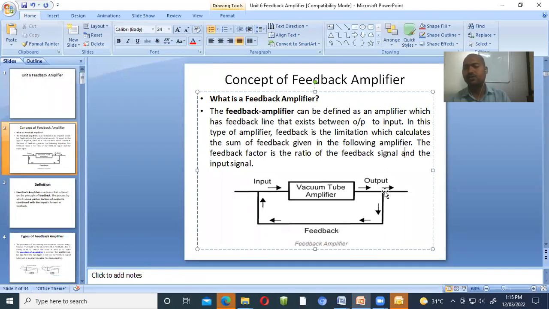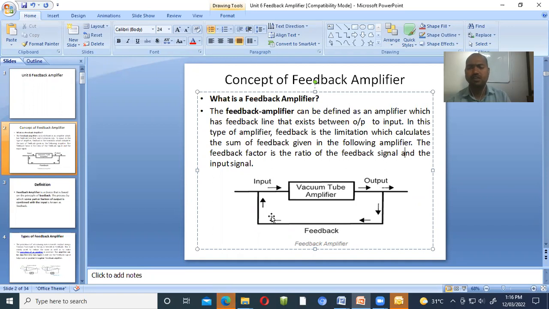So whatever signal is across your input and your output, there is no sign change. Why is it not changed? Because the input has a sine wave and the output has a sine wave. So the phase shift between output and input is 0. Why 0? Because we applied a sine wave, we got a sine wave, and again the sine wave is applied to the input. So there is 0 phase difference between your output and input.